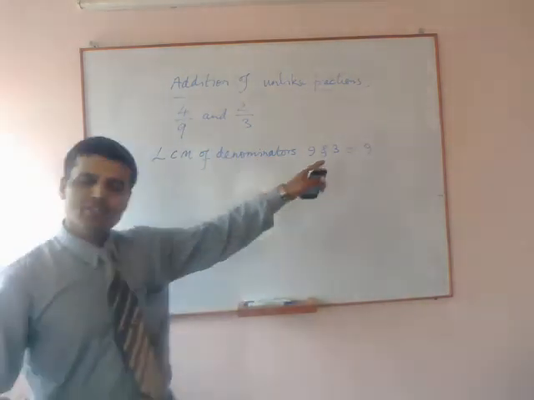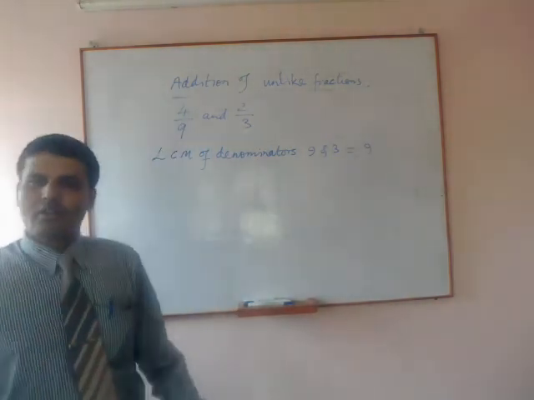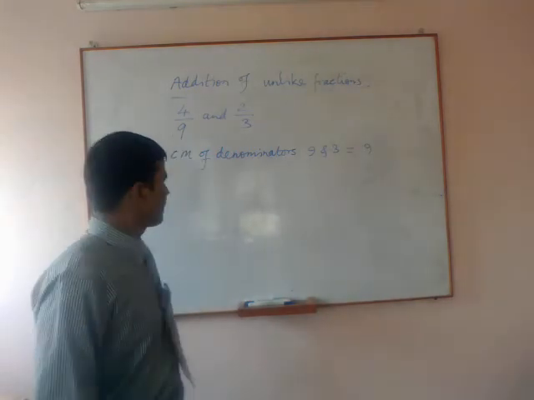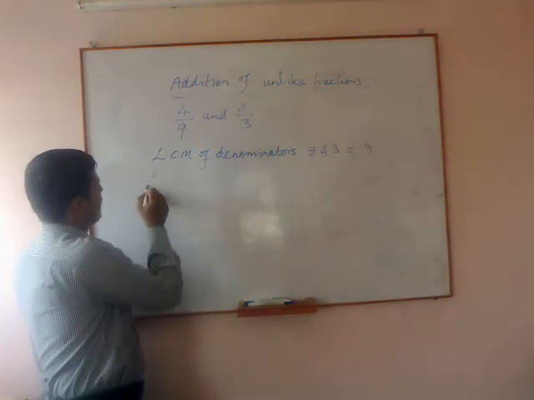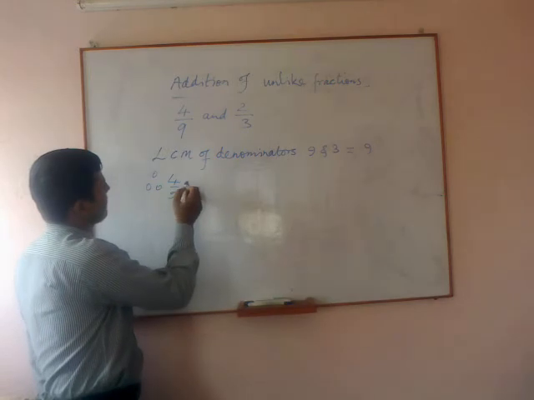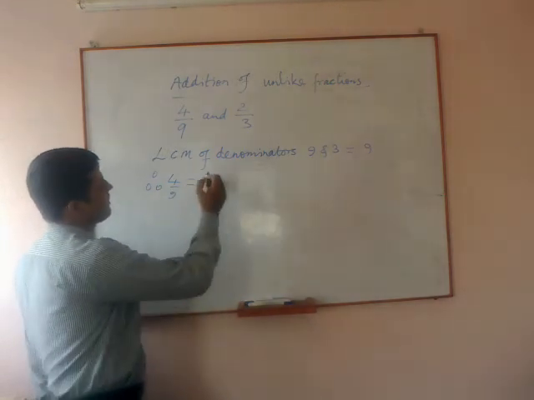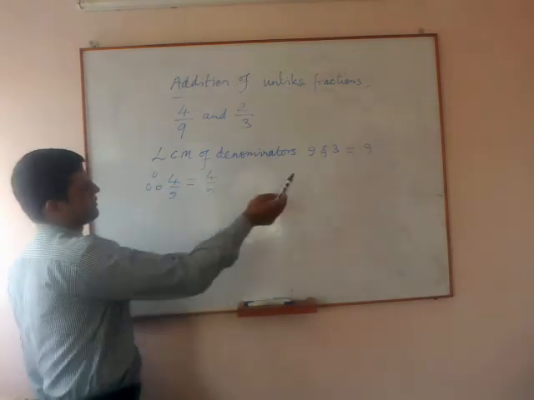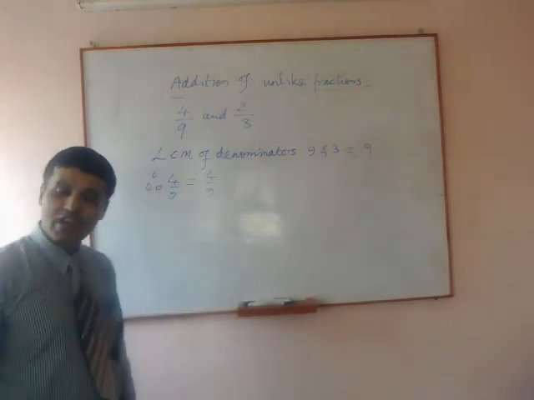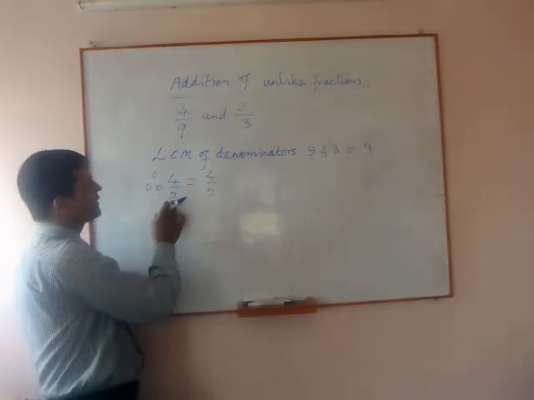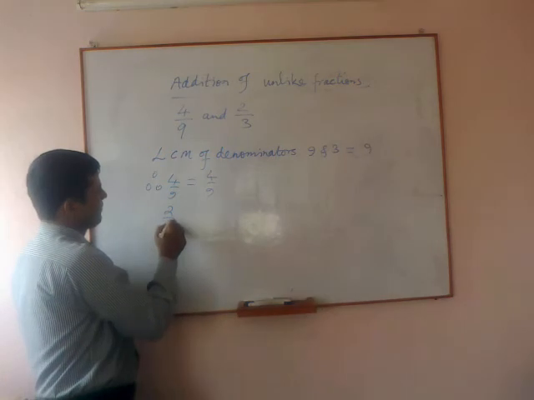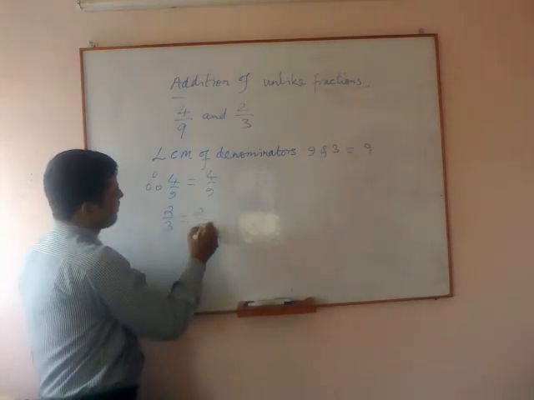We can find the LCM by the factorization method. So therefore 4 over 9 equals 4 over 9 only, because the LCM itself is 9, so we don't have to convert it. 2 over 3 equals 2 over 3.